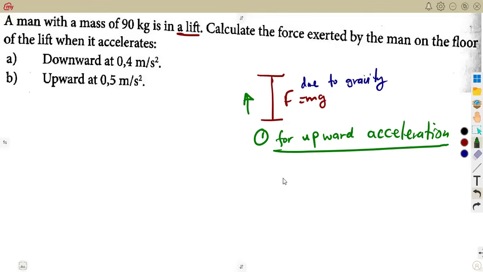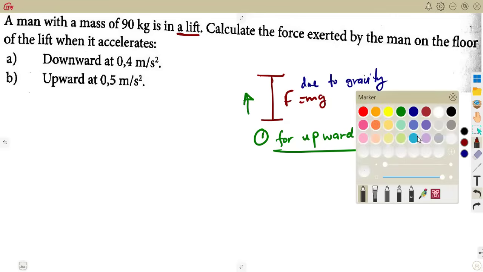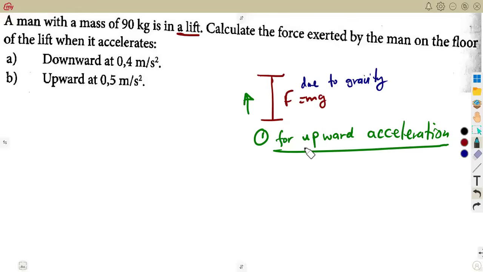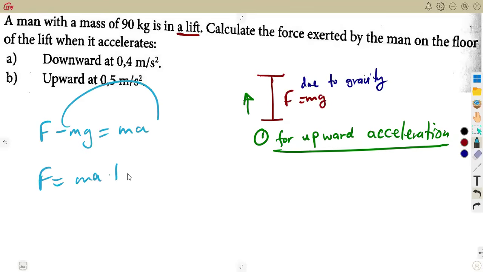So at the end, remember, guys, our concept, due to gravity, we are going up. So the gravitational acceleration will be affecting. It will be going down. So you'll be having F minus mg is equal to ma. So you take this to the other side. Your F will be equal to what? ma plus mg at the end.